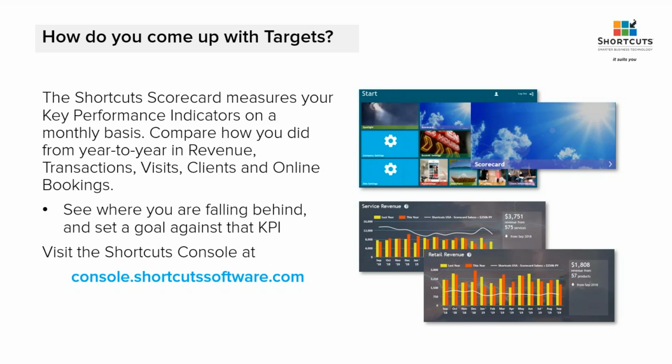Shortcuts needs a few months to begin spotting a trend. So if you're brand new to Shortcuts, you might have to return to this in 2 or 3 months' time, once Shortcuts has seen what your 90-day trend has been.